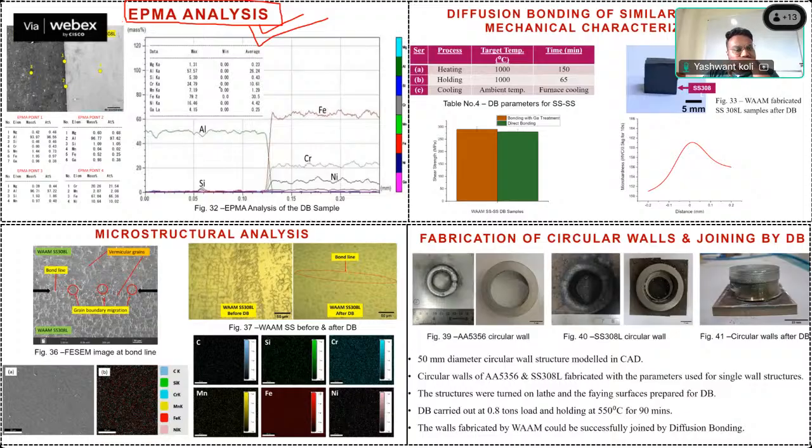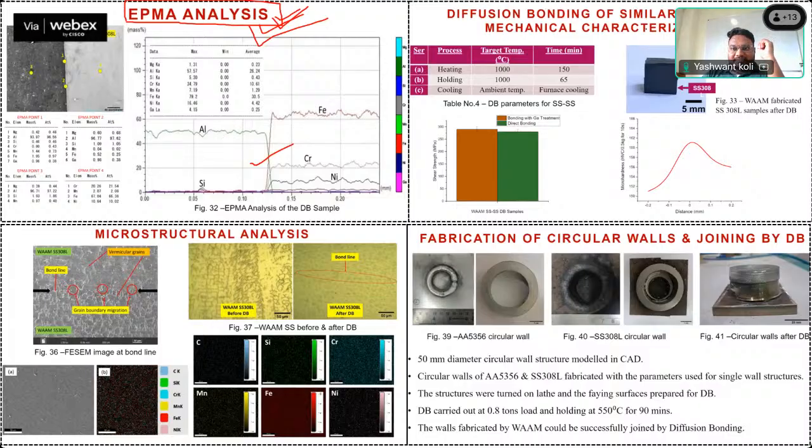EPMA gives quantitative and qualitative results with line mapping and area mapping. So it is a very correct method for the low atomic number elements.